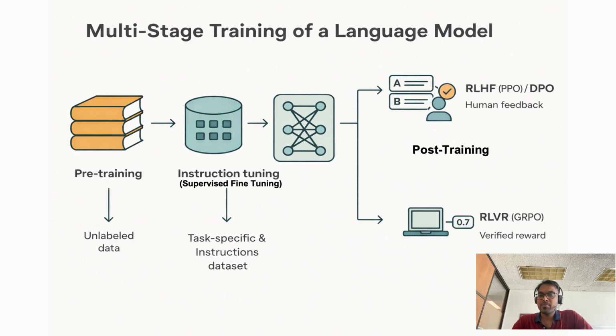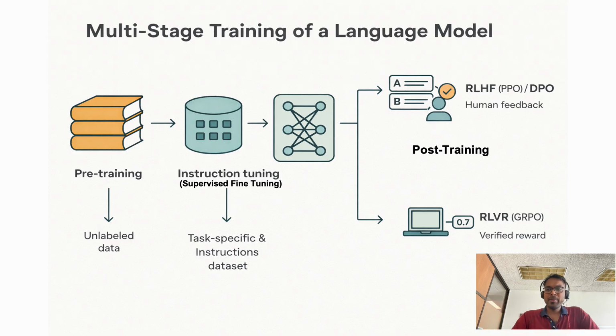And the other post-training algorithm would be RLVR, which is reinforcement learning from verifiable feedback. Specifically, we'll be looking at GRPO. And here, essentially, we'll have verifiable rewards. So essentially, you can imagine math tasks or simple question answering tasks, which require a lot of reasoning steps, but eventually have a short verifiable answer, which you can basically compute automatically and then use the rewards to reinforce.